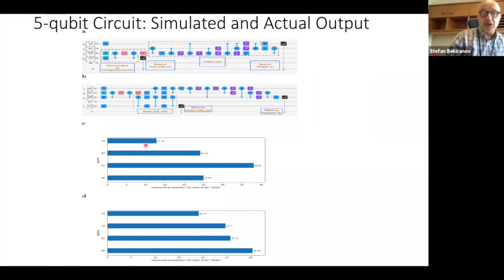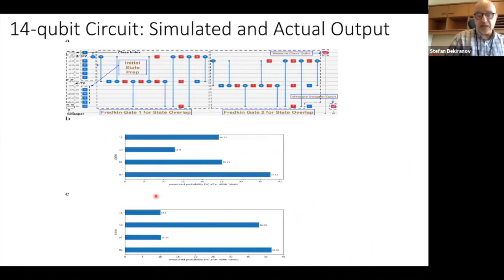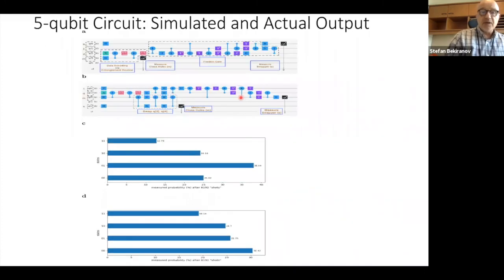You can see they're close to each other, and the ratio is actually not bad. This is the 14 qubit, just the one that was the most intuitive to draw. I should point out too, this 5 qubit only involved 1 Fredkin gate. That's critical.